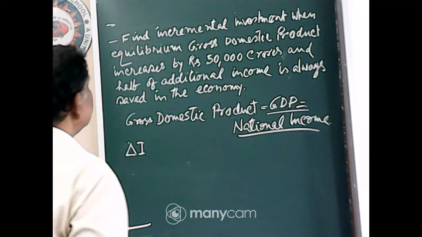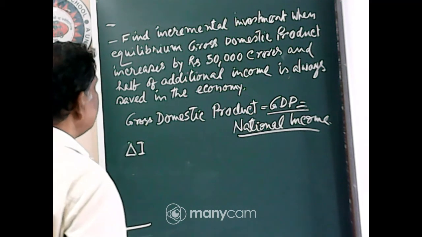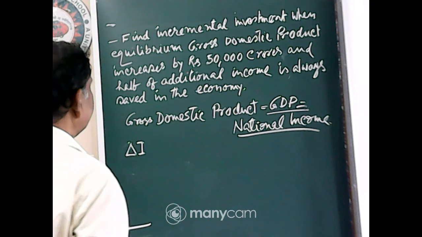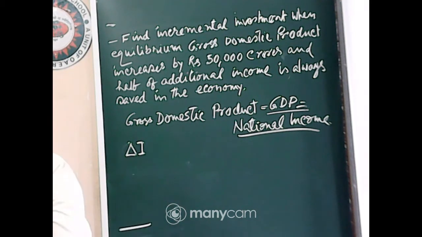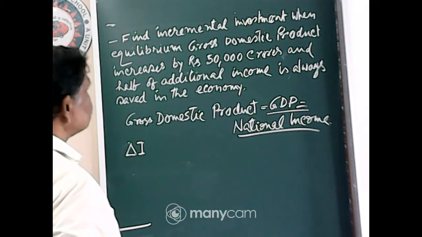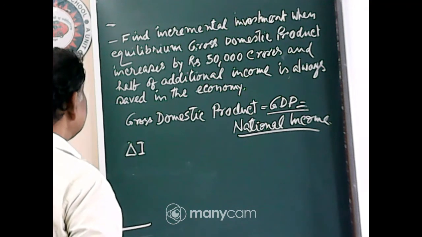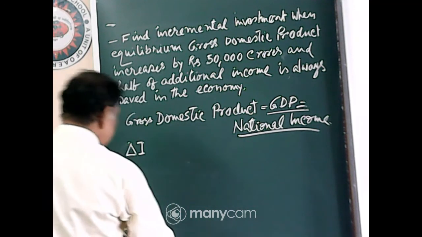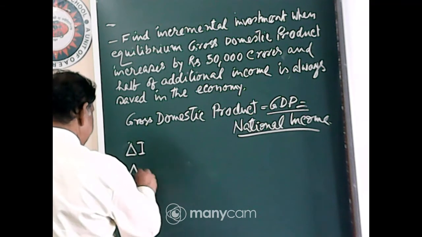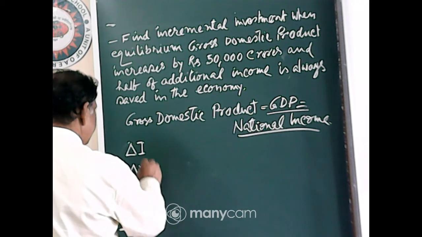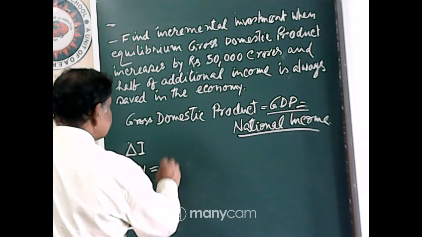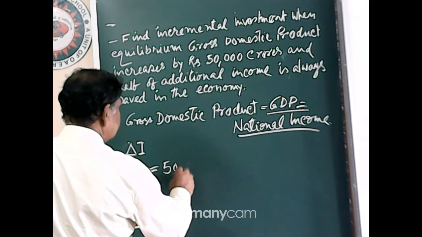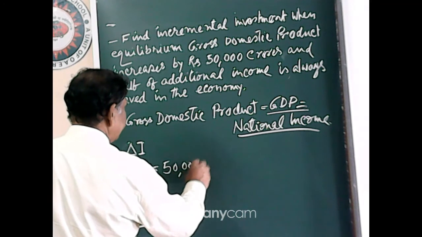So find the incremental investment when equilibrium gross domestic product increased by rupees 50,000, now your delta Y is equal to rupees 50,000. This task is given.